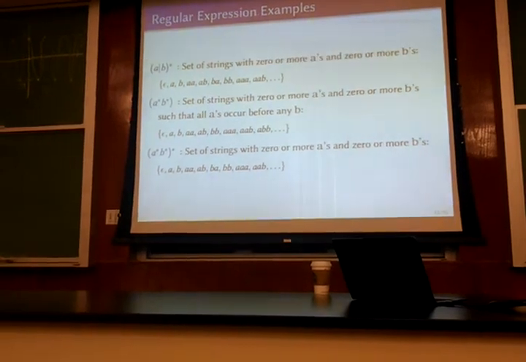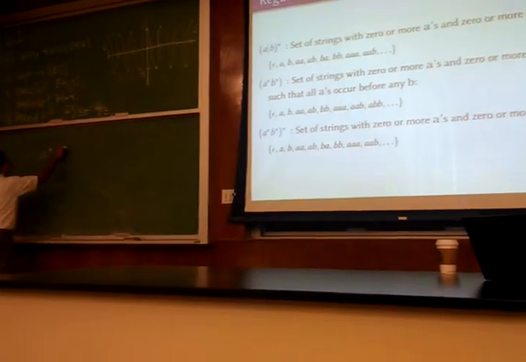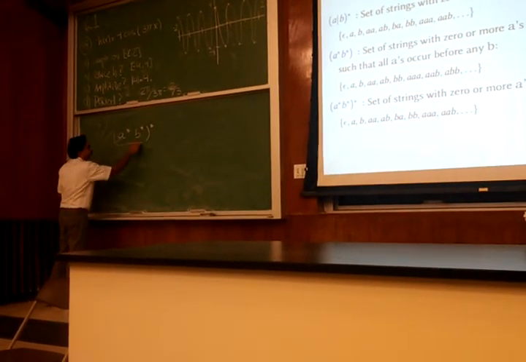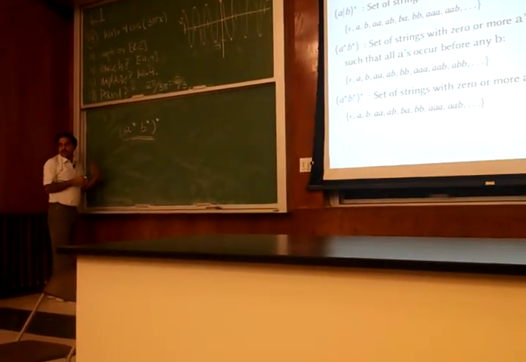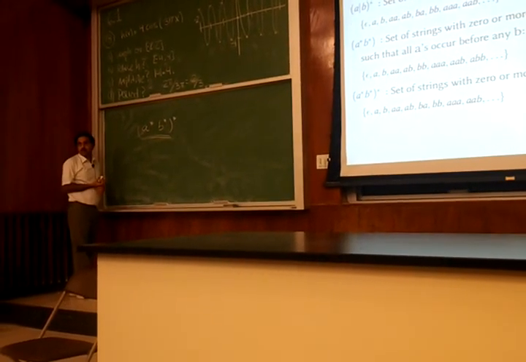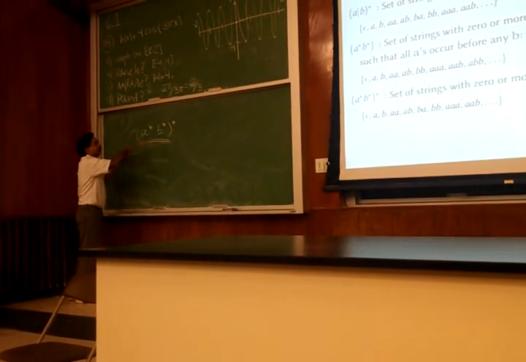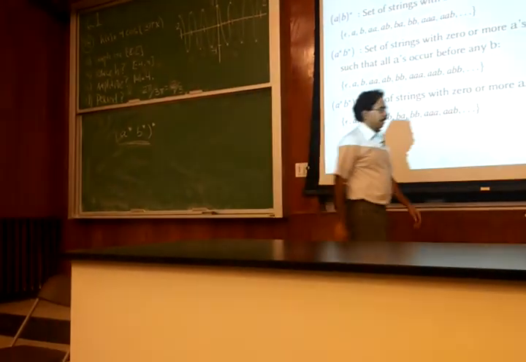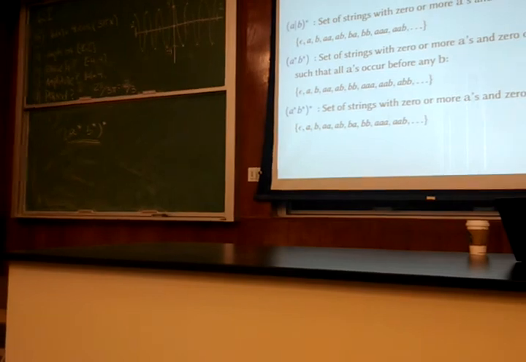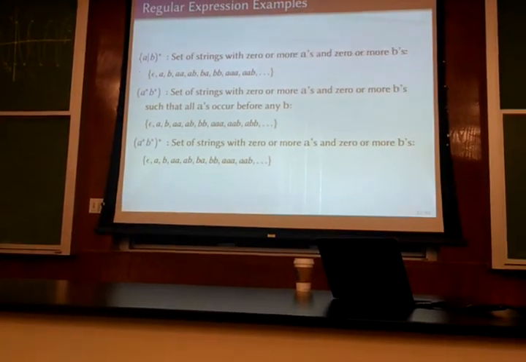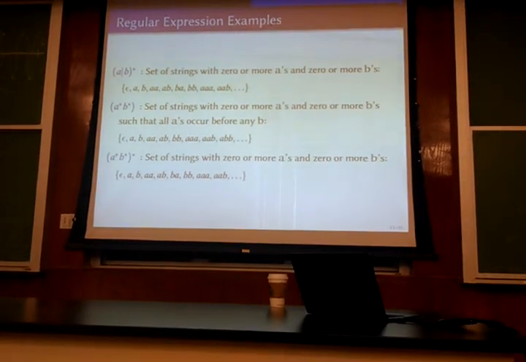So obviously, if you have (A star, B star) whole star, right? It's going to repeat this as many times as you want. And each time you repeat it, you can choose to make as many A's or B's as you want, right? So by unwrapping this outer star, you can see that you can basically create any number of alternations between A and B. So essentially that means it's going to generate the same language as (A or B) star.